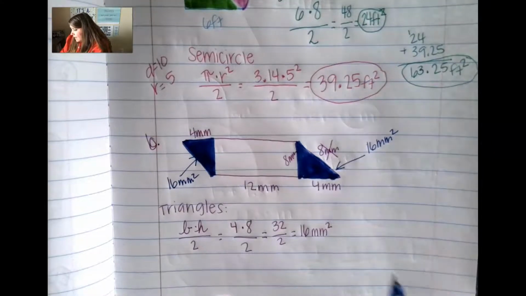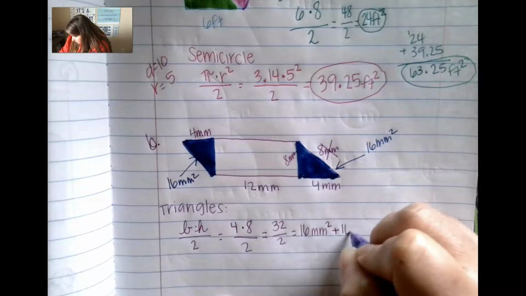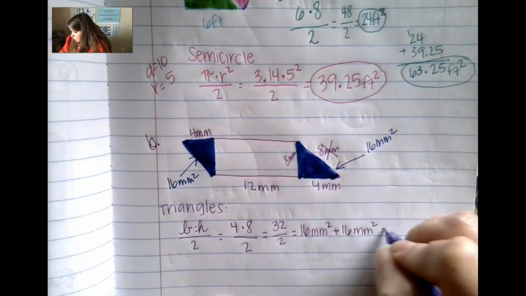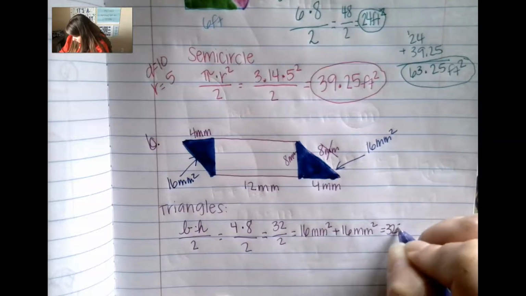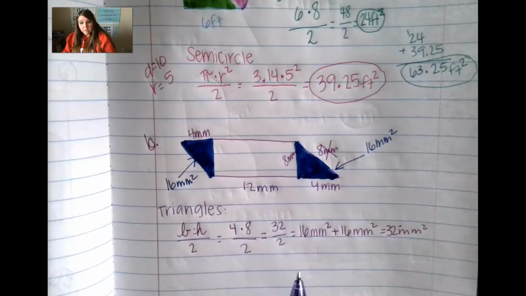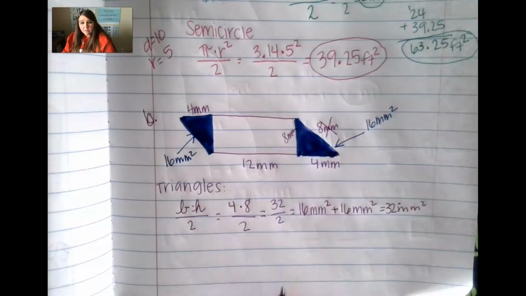So we have 2 that are 16 millimeters squared, and let's add those together for a total of 32. And now we have this rectangle here. On this rectangle, we have 12 times 8.